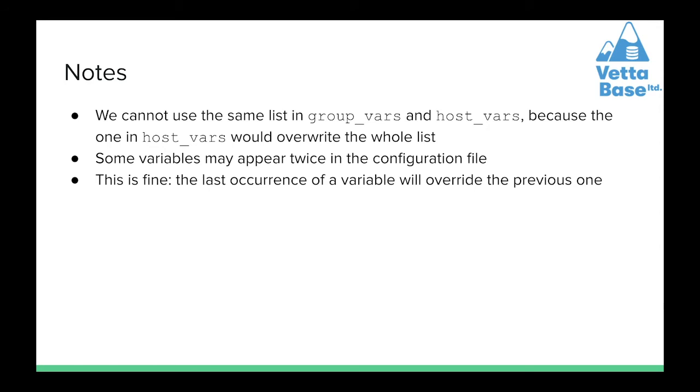Some variables may appear twice in the configuration file, because maybe they appear in group vars but also in host vars. This is fine, because for MySQL, the last occurrence of a variable will override the previous one. Okay, so it is not nice to see something like that, but it is very good for automation.